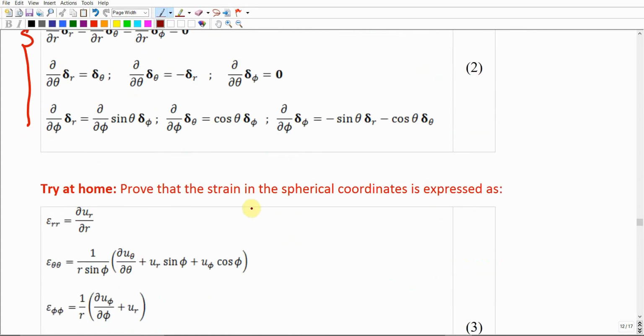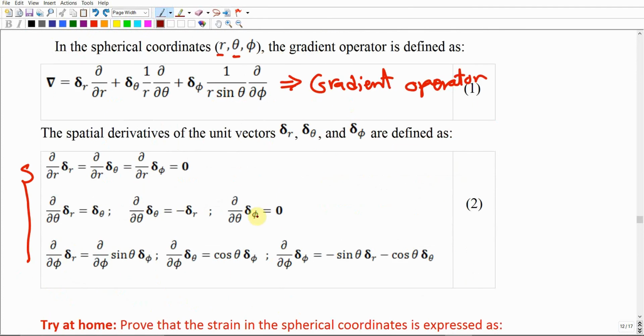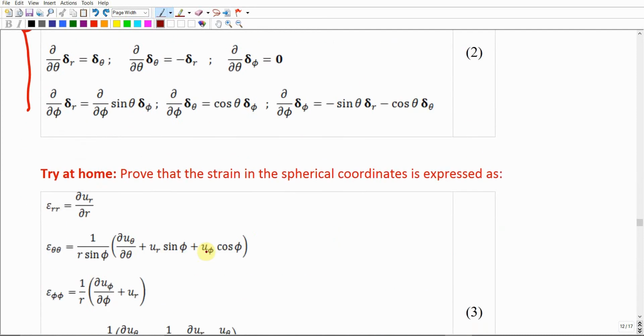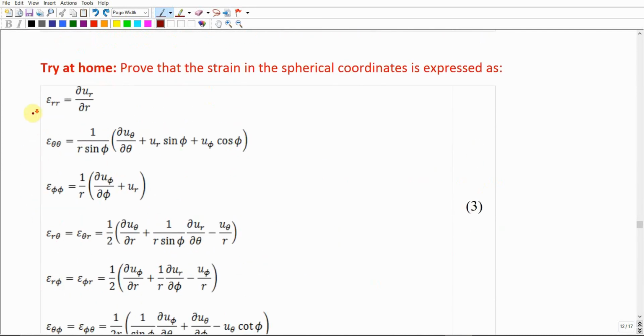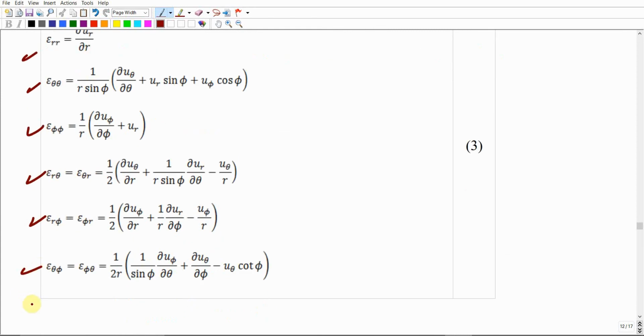You're gonna end up with a certain expression for the nabla u. Then you're gonna take the transpose as we did with the cylindrical coordinate, then add the nabla u plus u nabla times half. This is going to give us the strain tensor, which can be explicitly written. These are the 6 components of the strain in the spherical coordinates.